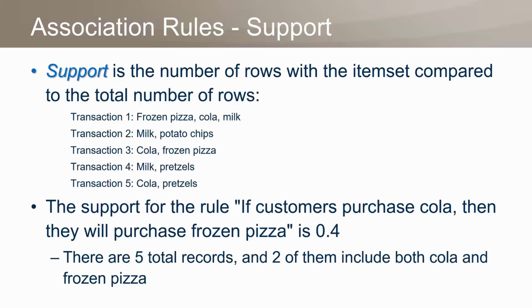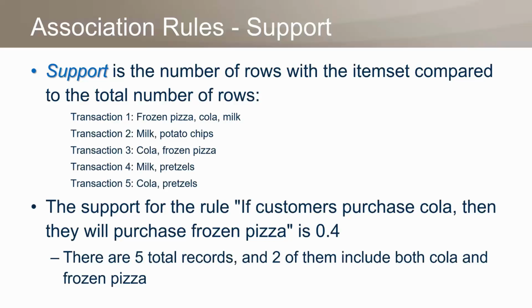Now look at these transactions again, in more detail. Milk appears in the first, second, third and fourth transaction. Potato chips appears only in the second transaction. Basically, whenever potato chips is there, milk is also there. The opposite is not true.